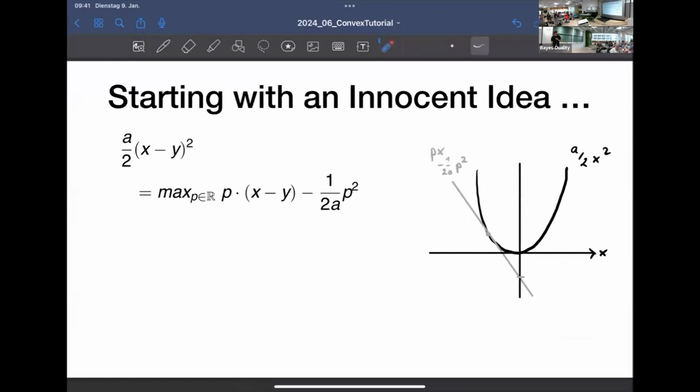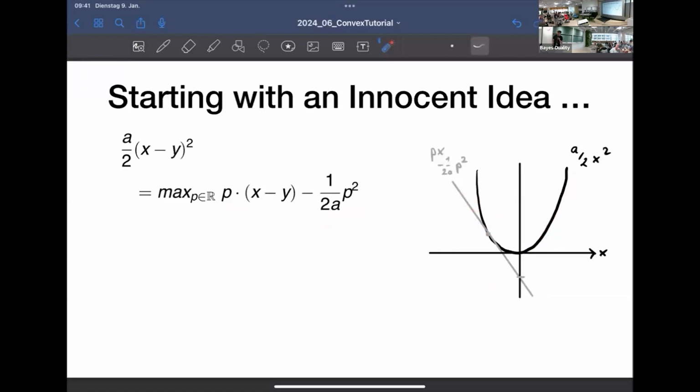So you can imagine I write my quadratic function as a maximum over all these linear functions. And then we will see that this very simple way of doing it gives you already things like the matrix inversion lemma and two ways of solving the ridge regression problem.